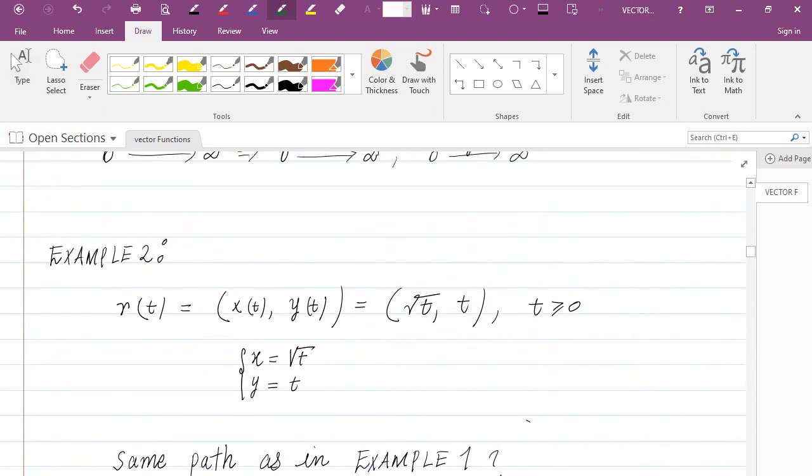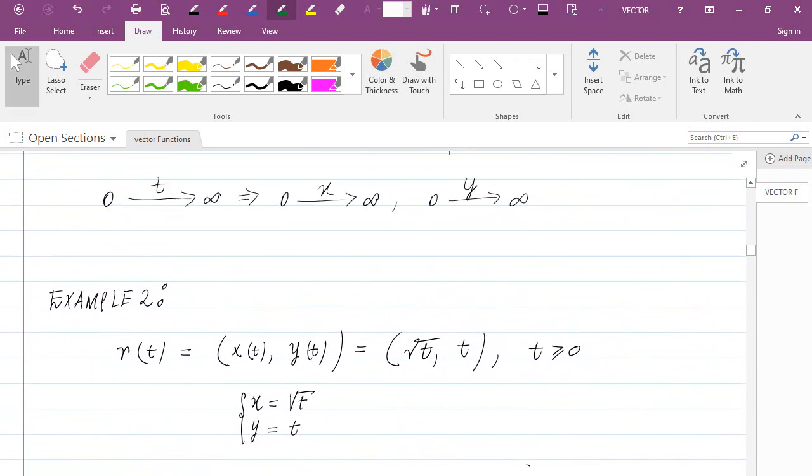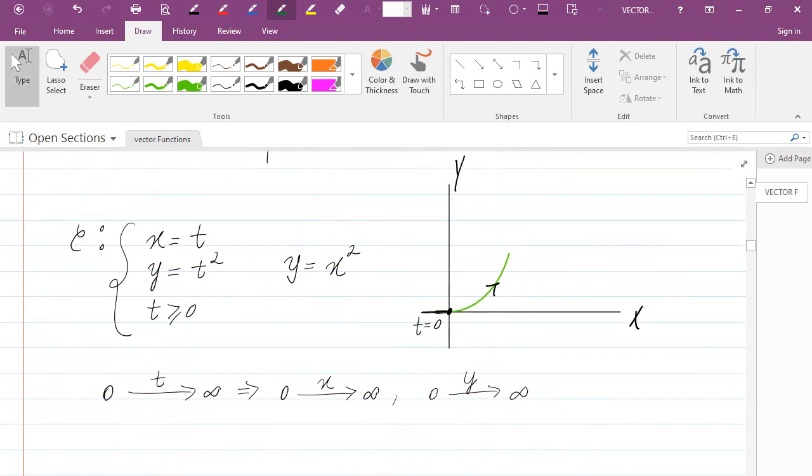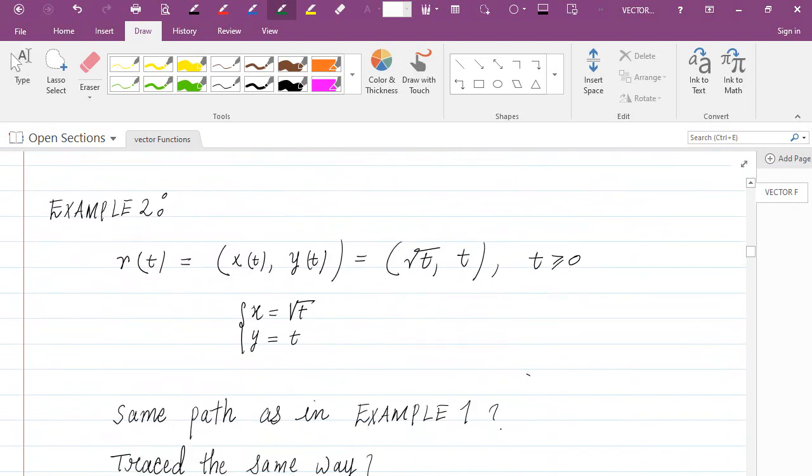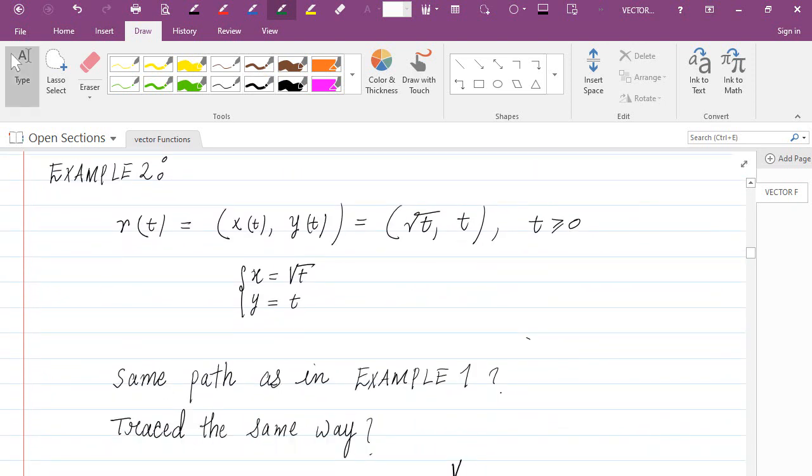Well, the answer is yes, because if you look at x, at time 0, we get the point 0, 0, and as time progresses forward, x is increasing from 0 to infinity, y is increasing from 0 to infinity. So we still see that we get the same curve traced in the same way with these different formulas for the position function r of t.